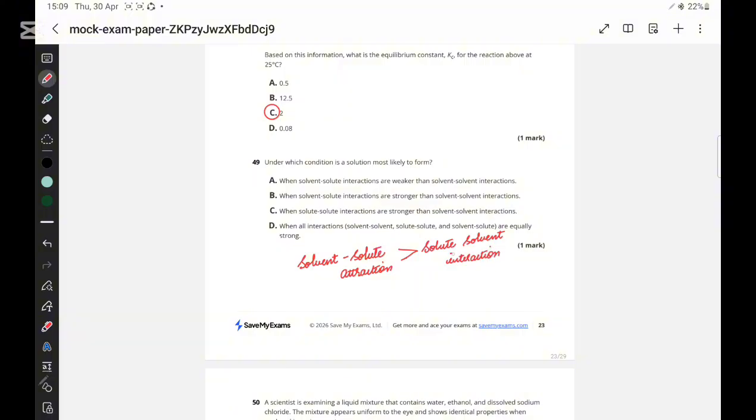This is the first condition for it, and it allows solute particles to be surrounded by solvent particles. So the right answer is going to be B, when solvent-solute interactions are stronger than solute-solute interactions.